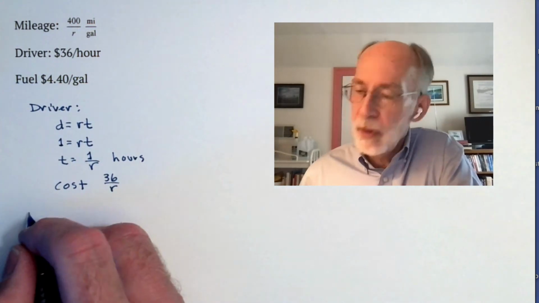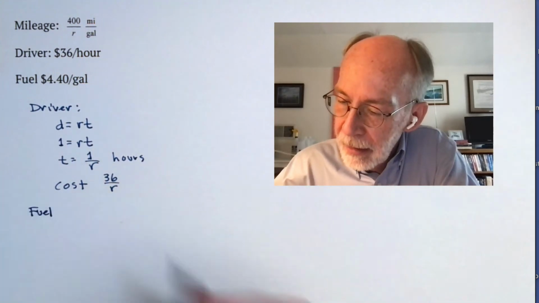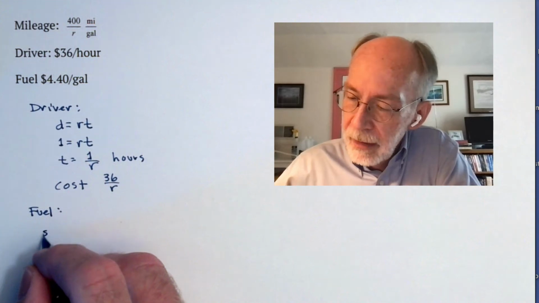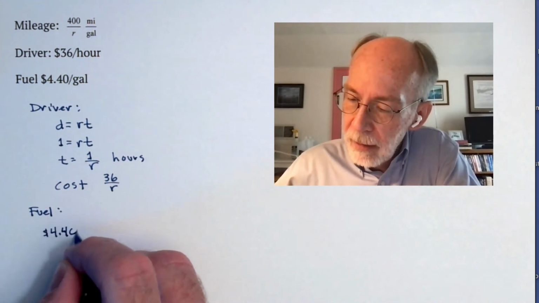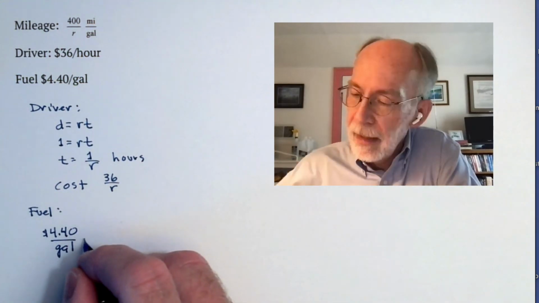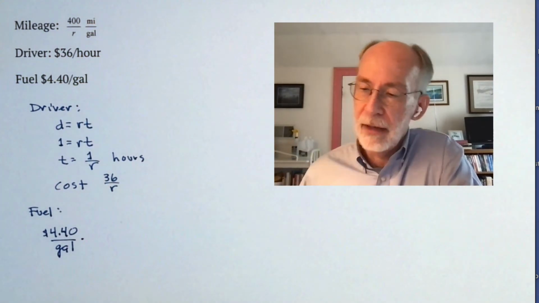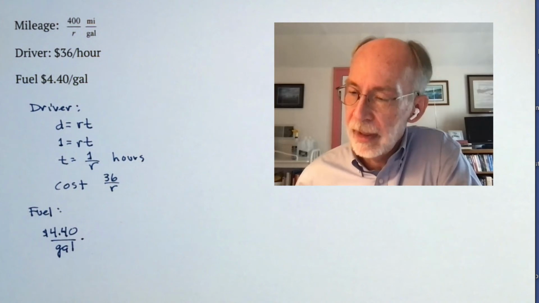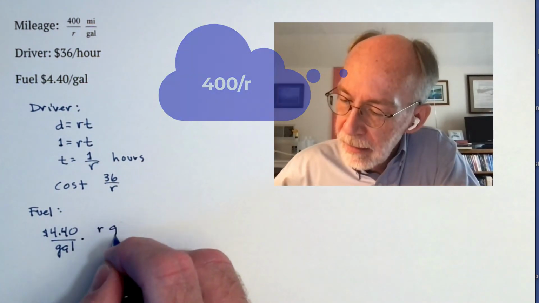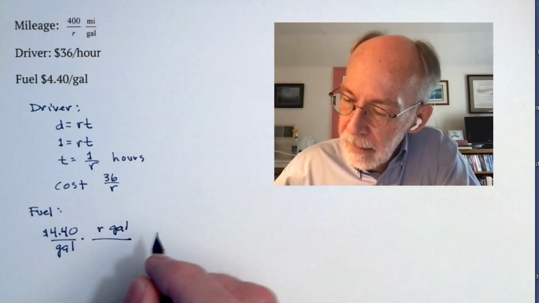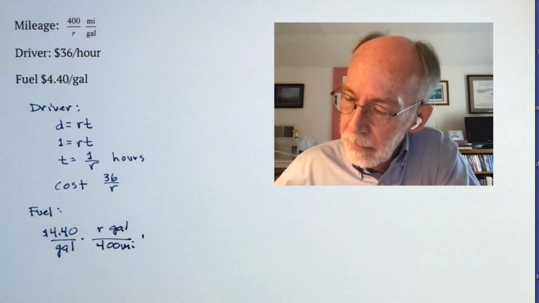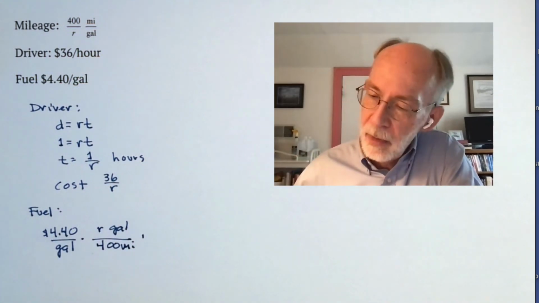How about the fuel cost to go 1 mile? Well, we're paying $4.40 a gallon. And if we have 400 miles per gallon, then we have R over 400 gallons per mile. And what's this going to be?